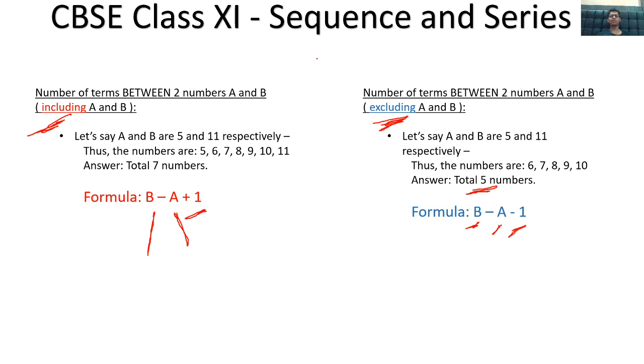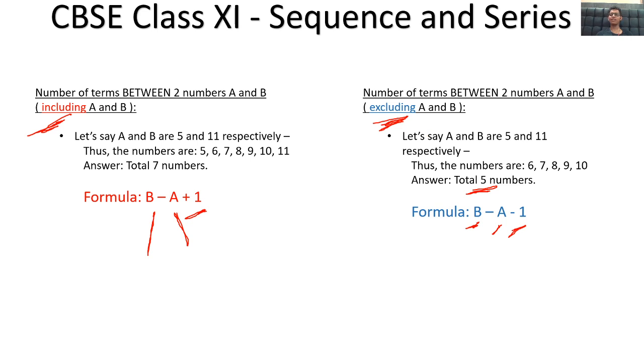So how do we remember this particular logic? Well, for both these two formulas we have b minus a common. The only difference is we need to add 1 in one case and deduct 1 in the other. Whenever we need to include the two ends a and b, we add plus 1. Do remember, it's not plus 2, it's plus 1: the bigger number minus the smaller number plus 1.